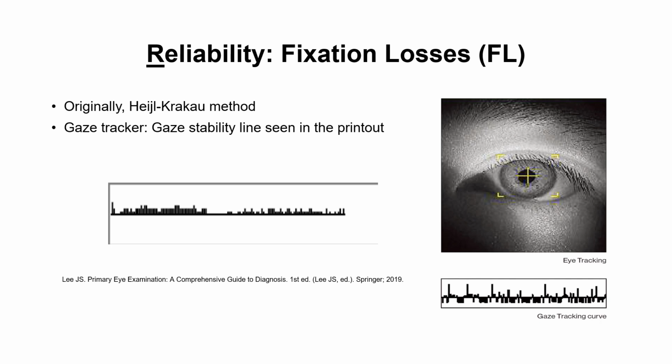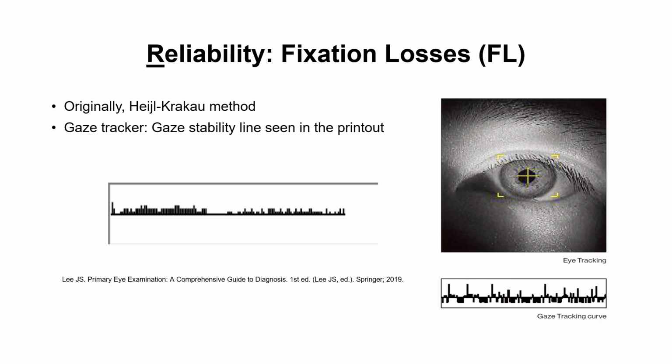throughout the test. And you will see at the bottom of the printout a gaze stability line. Here in these points, it means that the gaze was stable. However, when you see it up, it means that the eye moved. So upstrokes mean that there was increased eye movement, and if you see downstrokes, it means that there was lid movement.